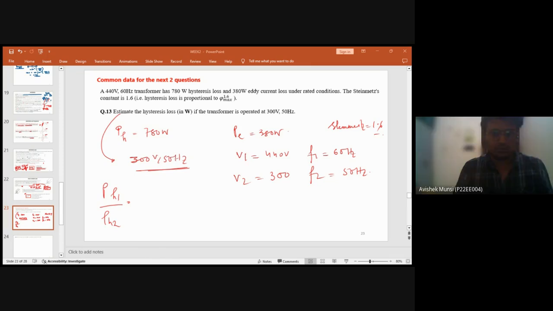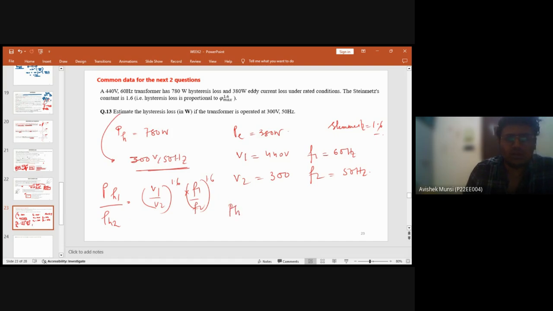See, in this case, what will happen? This one is proportional to (V1 by V2) to the power Steinmetz constant into (F1 by F2) to the power Steinmetz constant. So we have all the values, and we have the values of PH2 also.